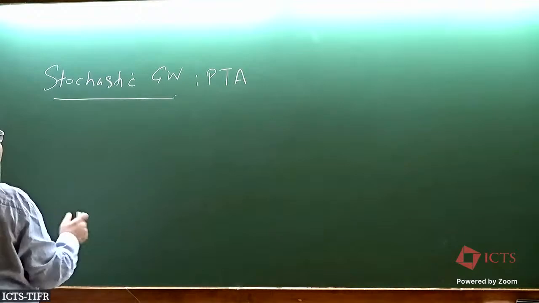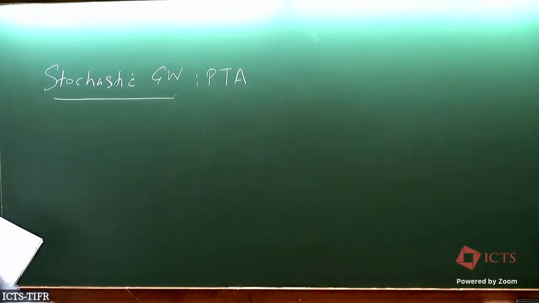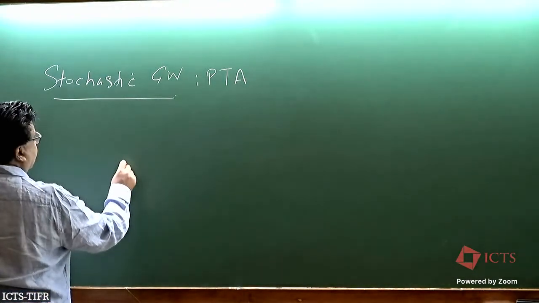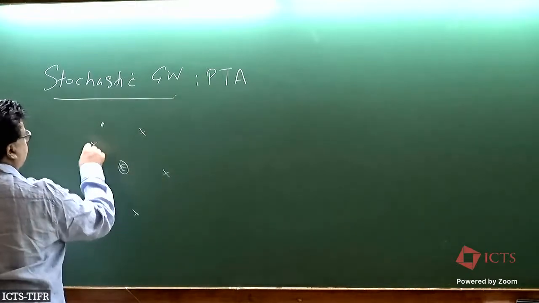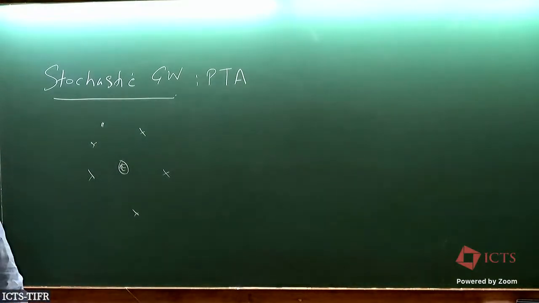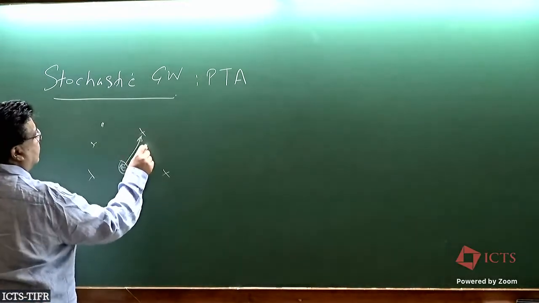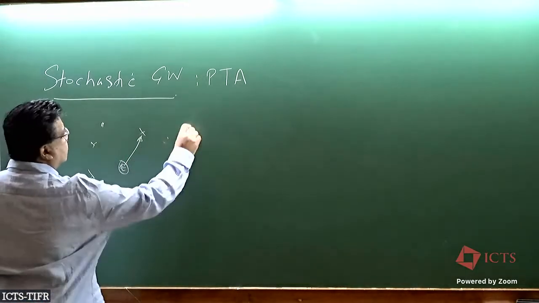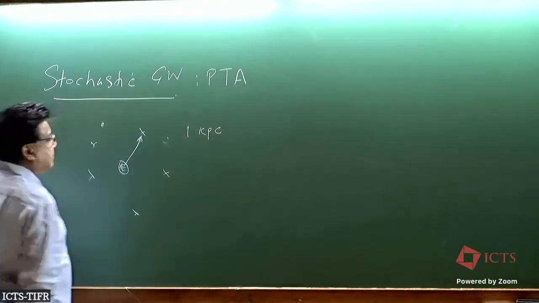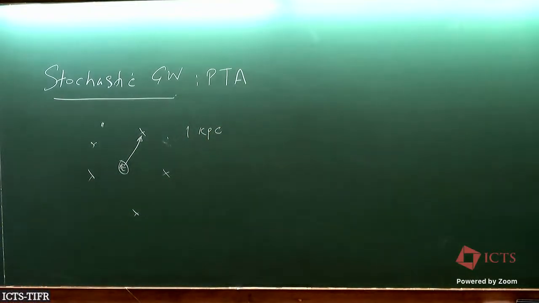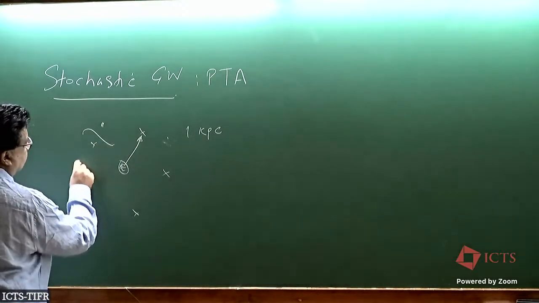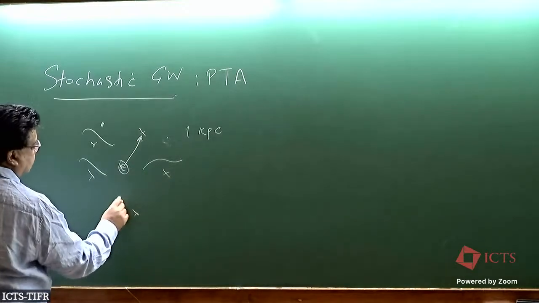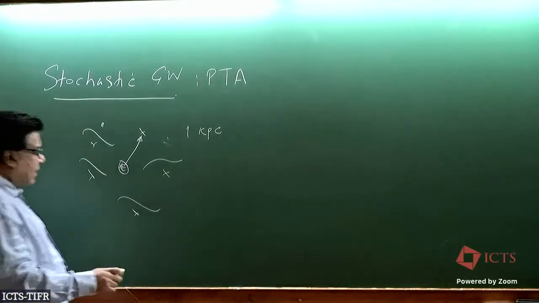So the basic theory is that we are here and any PTA collaboration picks a ring of pulsars, and the average distance is about 1 kiloparsec. And the gravitational waves are passing through in all directions, so they have a wavelength lambda.